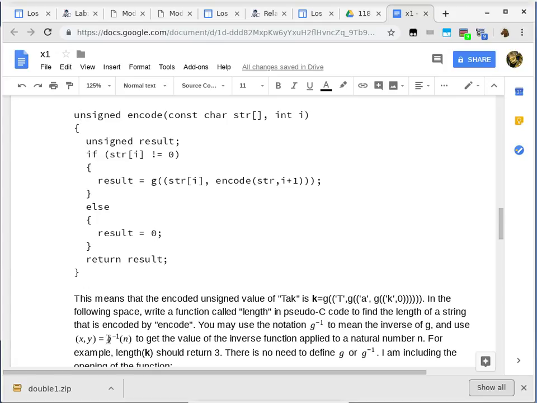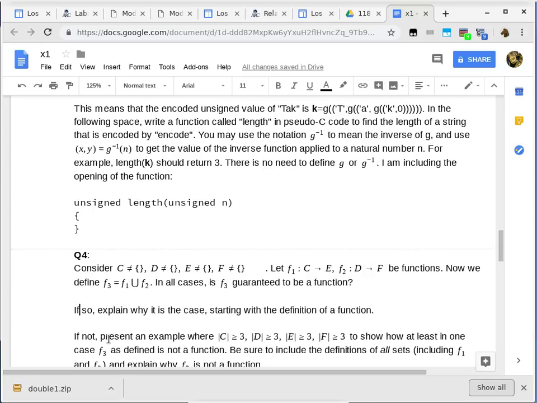Exactly. Yep. So you first check whether n itself is 0. If n is 0, that means you're looking at the encoded null string. That's the 0 here. What if n is non-zero? Let me scroll down here. So what if n is non-zero?